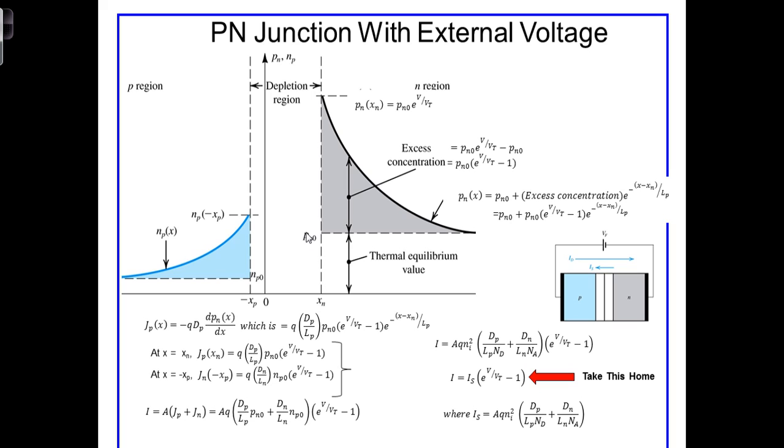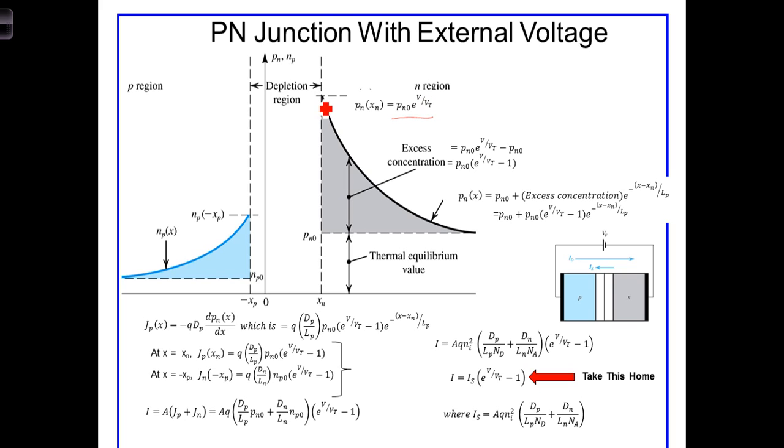It can be shown that the number of holes that diffuse here is a function of the voltage across the PN junction. And in fact, the total hole concentration here we're going to call p sub n at x sub n, being the edge of the depletion region. The hole concentration at the edge of the depletion region is given by that expression, and you'll notice that it is exponentially dependent upon V.